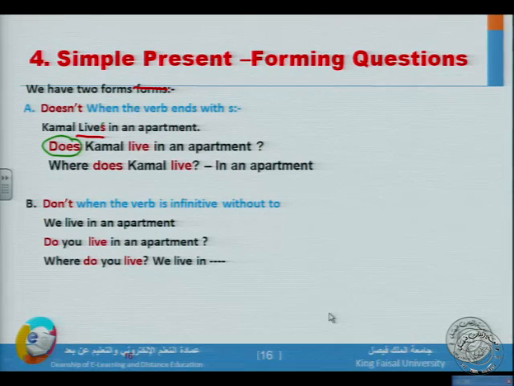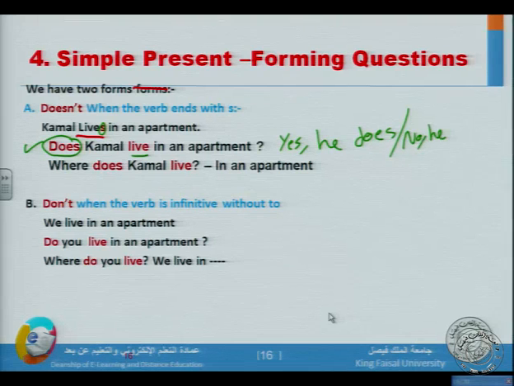ليه استخدمنا does؟ لأنه الفعل في الجملة كان في الأصل مضاف إله S. لكن لما نيجي نحول الجملة ل question نعمل does Kamal live؟ الأس تحذف. In an apartment. شو الإجابة بتكون؟ Yes, he does. أو no, he doesn't. في النفي. الآن نعمل WH question.